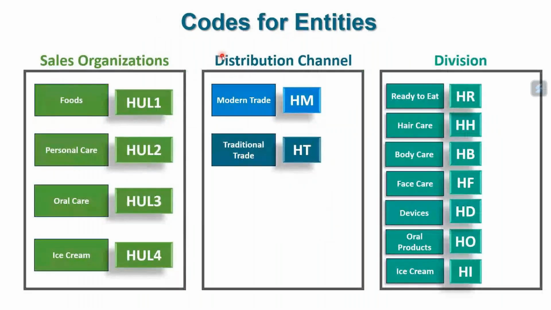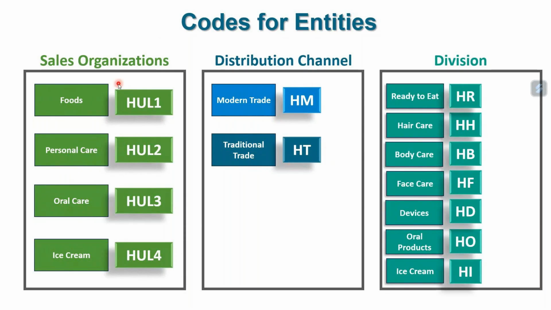Okay, then these were the codes we had given to our sales organizations. So we said four sales organizations, four codes: HEL 1, 2, 3, 4 for foods, personal care, oral care, and ice cream. Modern trade, we have said HEL modern trade. Traditional trade is HEL traditional trade. This is a two-character alphanumeric code allowed by SAP.